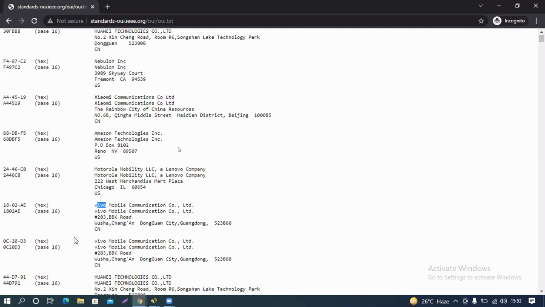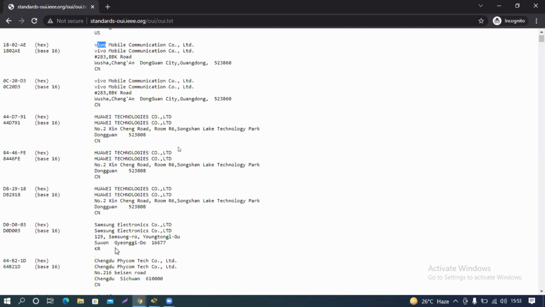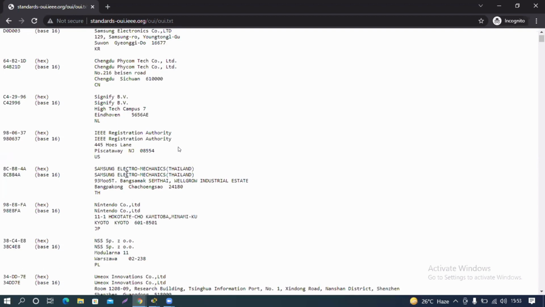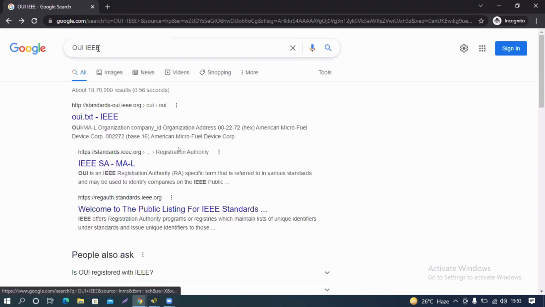Vivo has a couple of OUIs. There's Samsung over here. All these companies. It's a very long list. All the OUI list is available in this text document. You can simply search OUI IEEE.